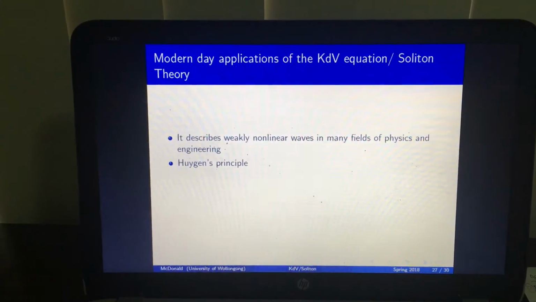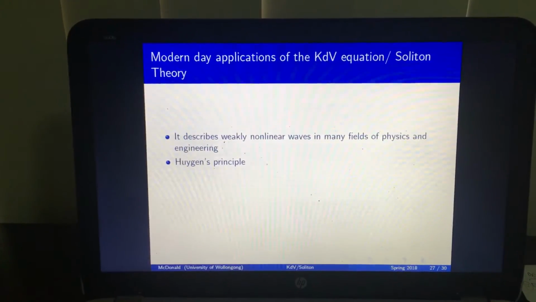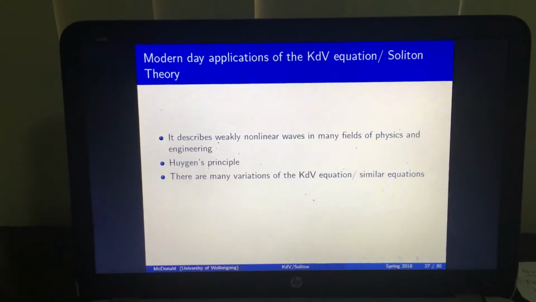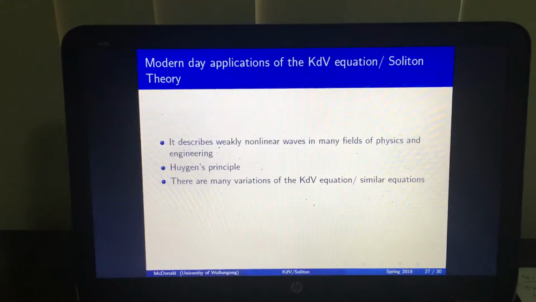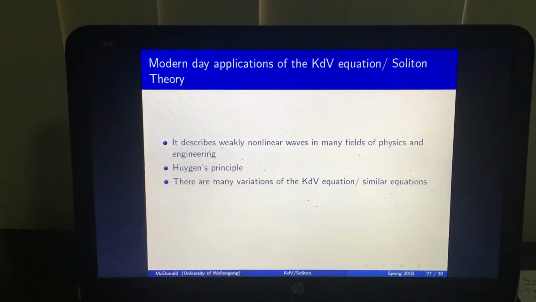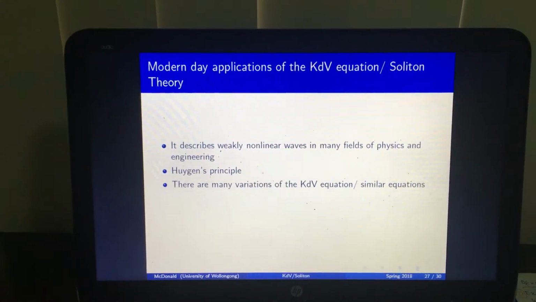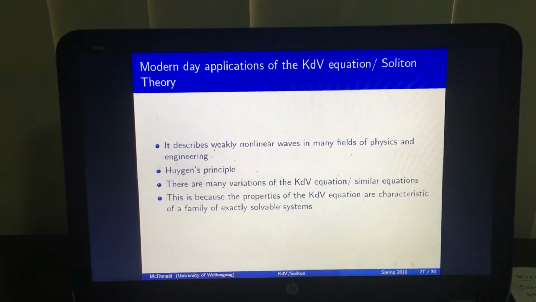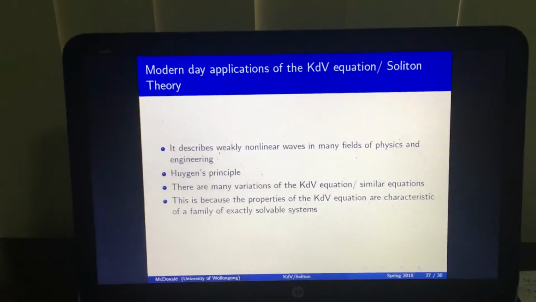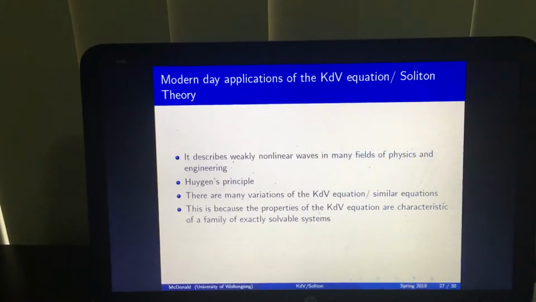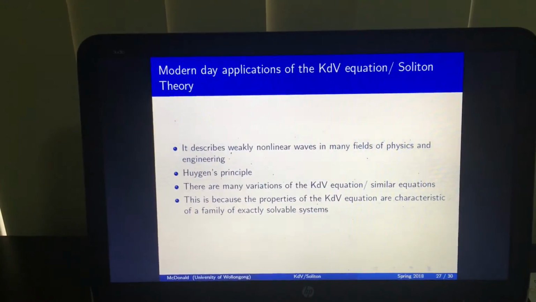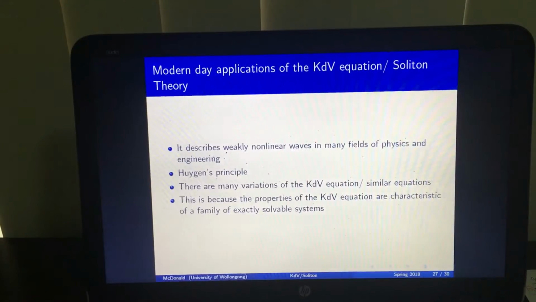Huygens principle is one well-known example. And as I mentioned earlier, there are many, many variations of the KdV equation, and there are similar equations. The reason behind this is that the properties of the KdV equation are characteristic of a family of exactly solvable systems.